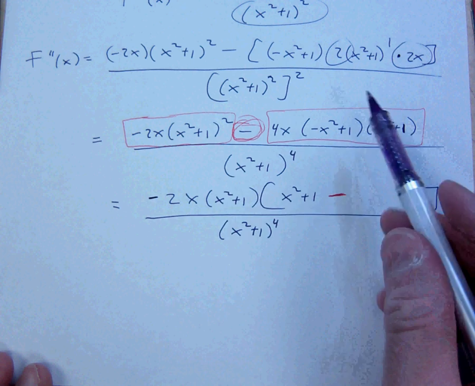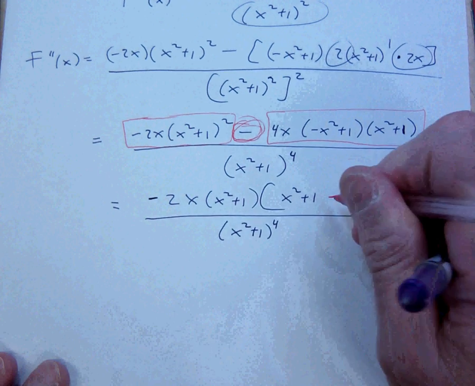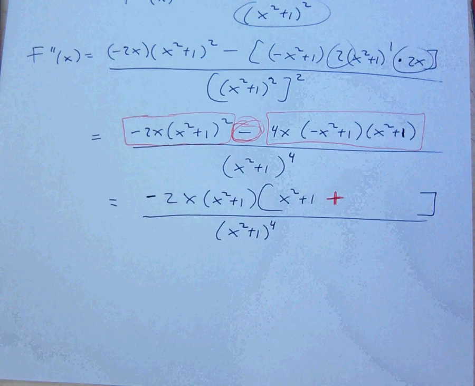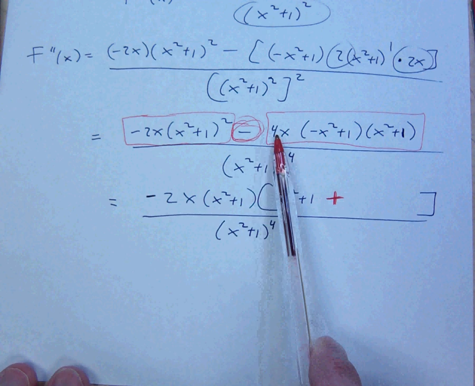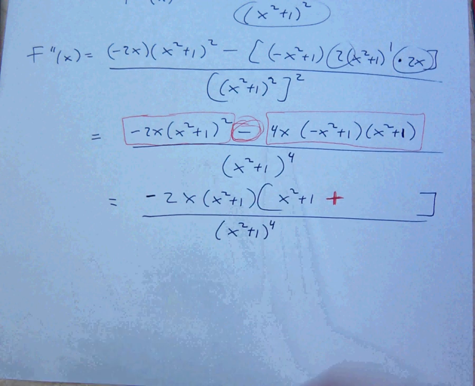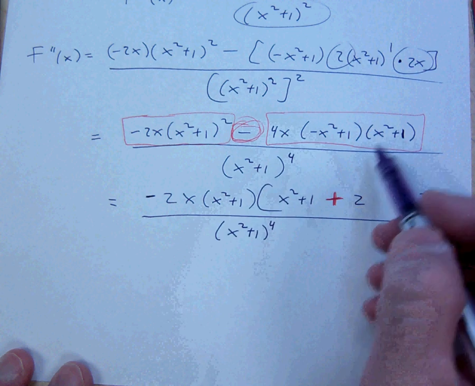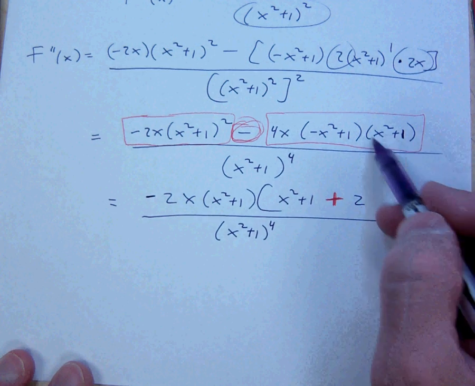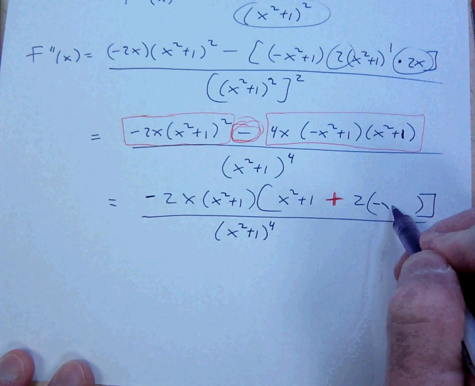Well, first of all, if I pull out a minus, that changes that to a what? Plus. Okay, now again, what else am I going to pull out? A 2, leaving me, that 4 turns into a what when I pull out a 2? A 2. The x is gone, isn't it? And this is gone, isn't it? It's pulled out, and so what are you left with then in here? Negative x squared plus 1. Everybody agree with that?